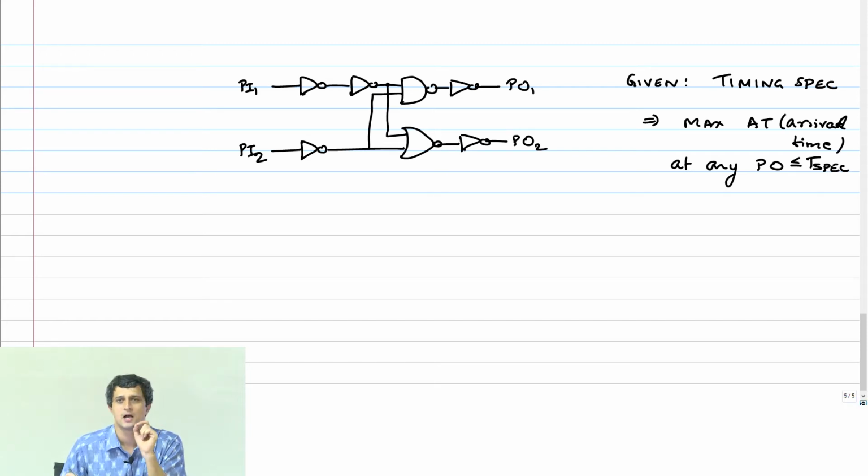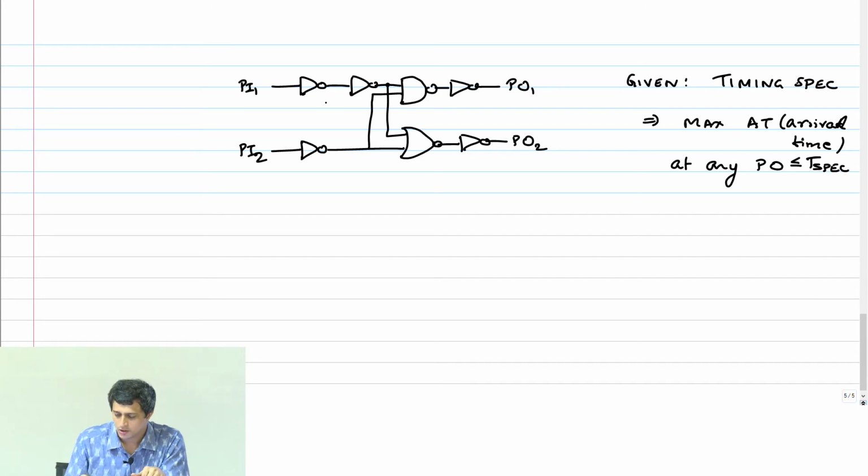Okay. So now, using the previous example and whatever we have learnt in this course, what is it that you would do in order to do this sizing problem? So what did we learn? We have learned how to optimize the path delay of a given path. The delay of a path we know how to do.